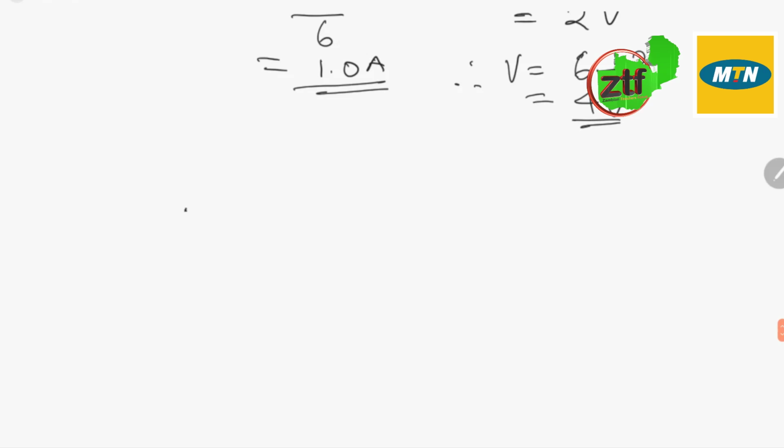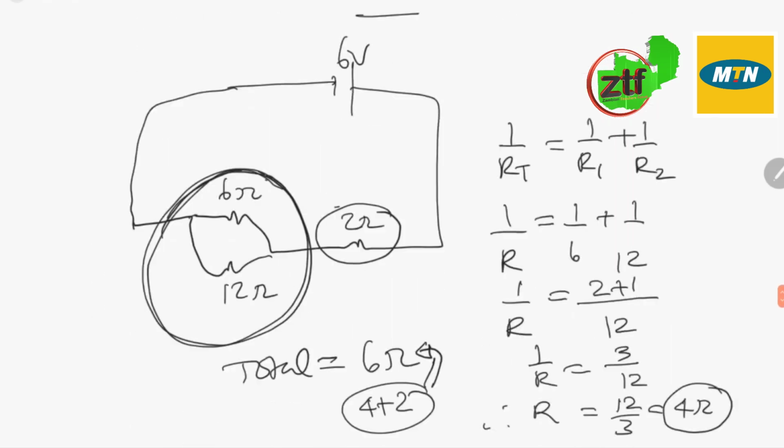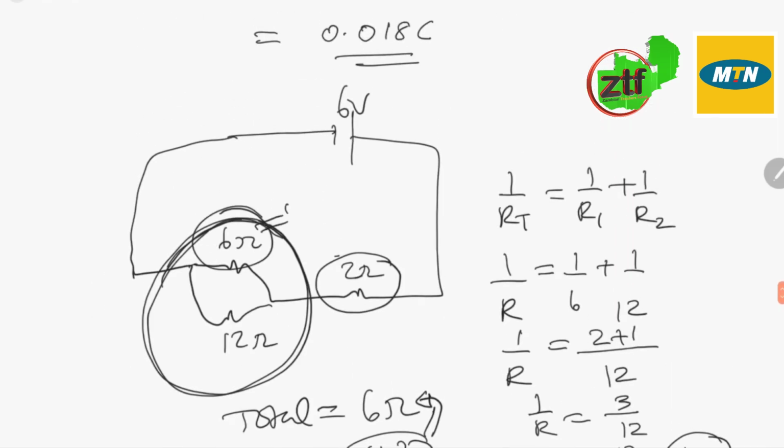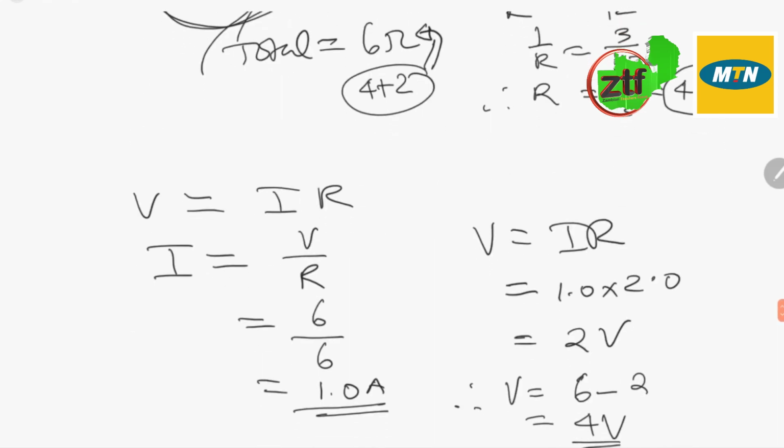Therefore, we can say that in these 6 ohms, V is equal to IR.